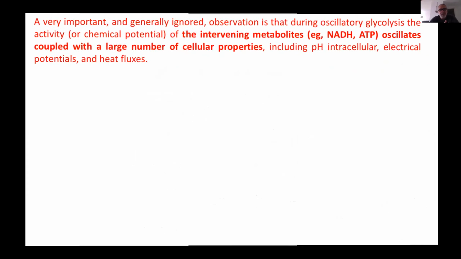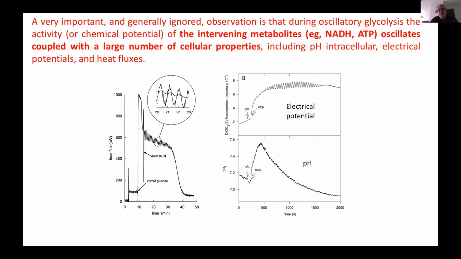The very interesting thing about this system is that, even though people tackle this with dilute theory and talk only about enzymes, it has been reported that not only the intervening metabolites, NADH or ATP, will oscillate, but a very large number of cellular properties will oscillate, coupled with the biochemical reaction.